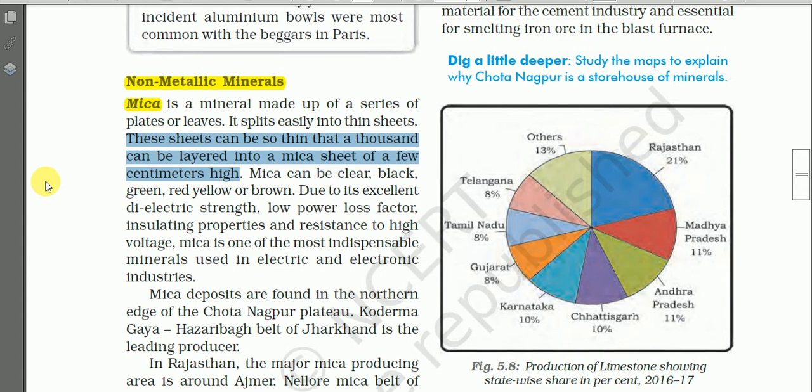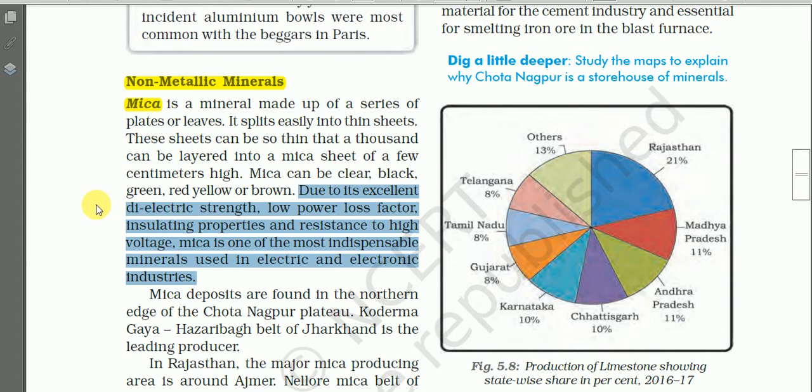From a few centimeters thick sheet of mica, we can split thousands of very thin sheets. Then about the color of mica, color can be clear, that is transparent, black, green, red, yellow, or brown.